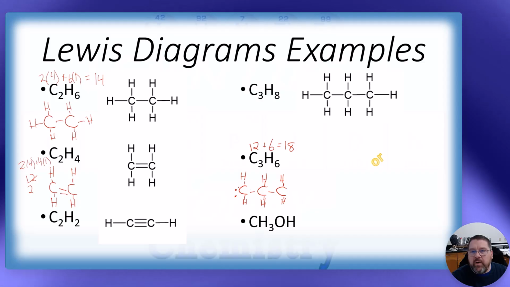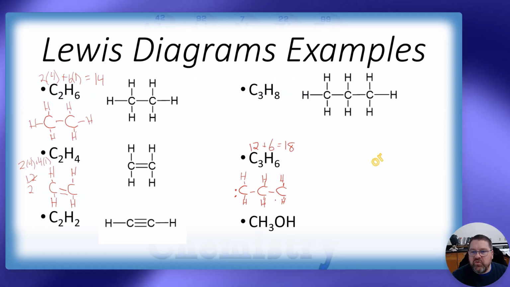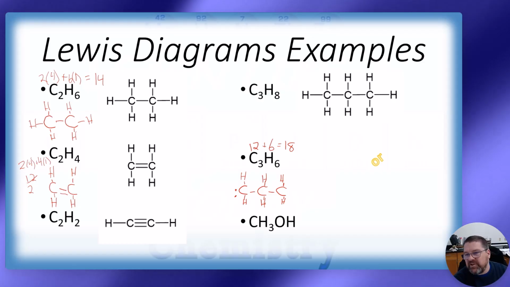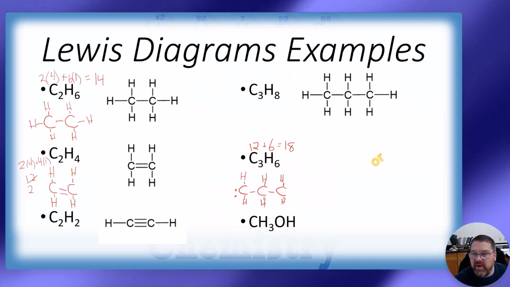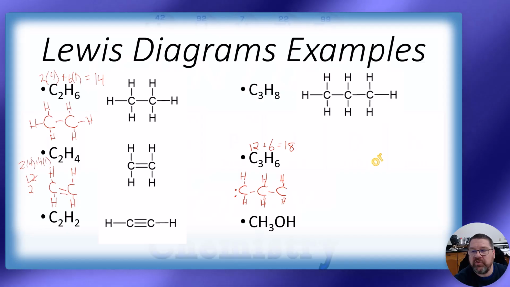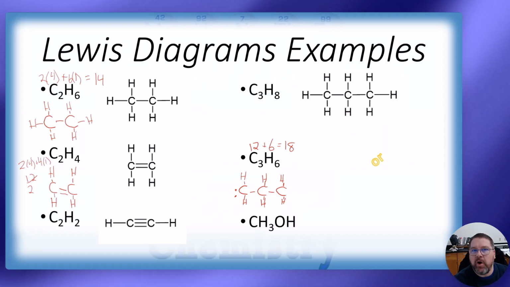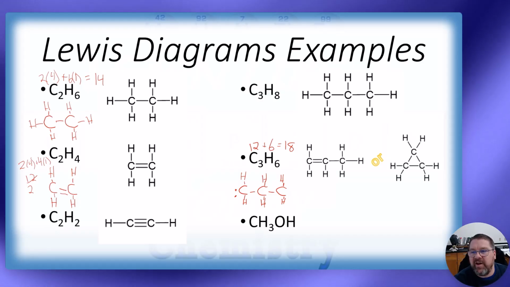Okay, this left-hand carbon is good, the center carbon is good, but the right-hand one is not. So we have to get a little creative with the distribution. We might have to move some things around, and what ends up happening is we actually have 2 options. We can move that lone pair in to create a double bond, which is what we're typically used to, and in doing so, we would have to move one of the hydrogens off of the center carbon, because we don't want to overload that one, giving it 10 electrons.